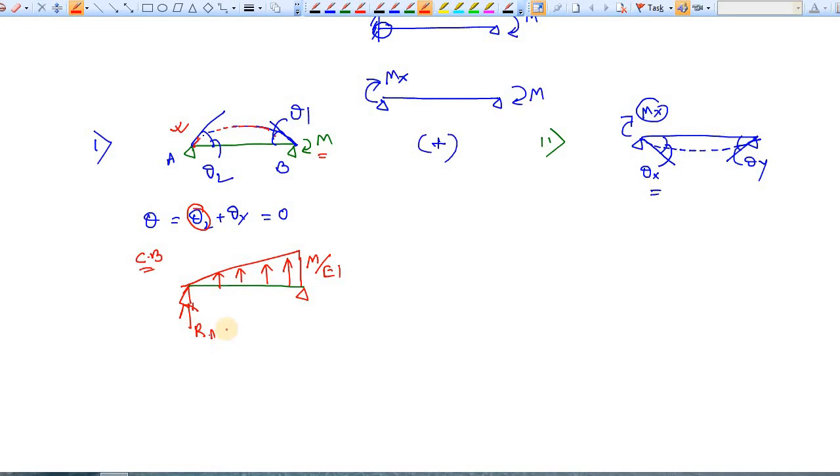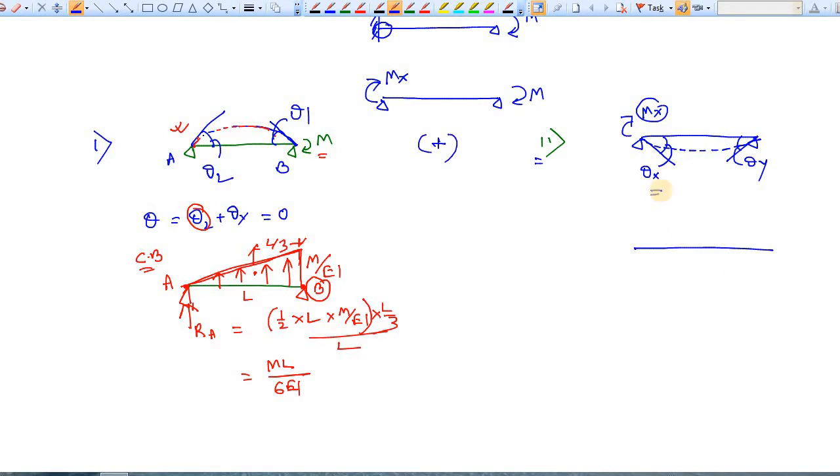Reaction RA comes as half times L, the span is L, times M by EI times L by 3, divided by L, equal to ML by 6EI. This is the total area of load, acting at a distance of L by 3 from B. Now similarly for case 2, let's find theta x.